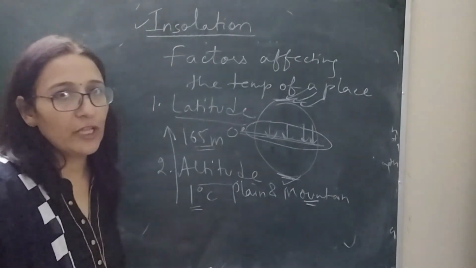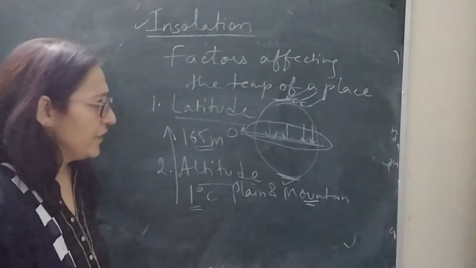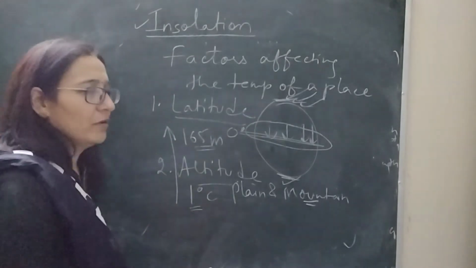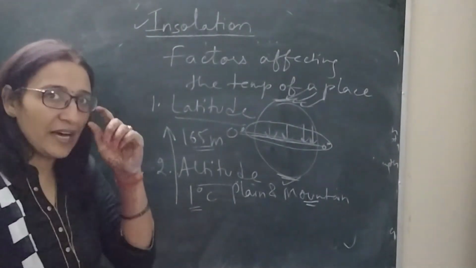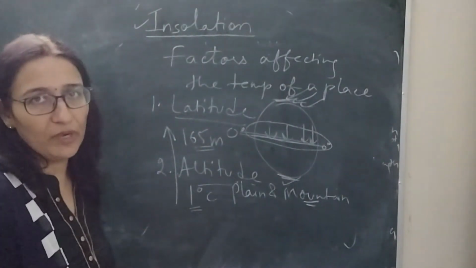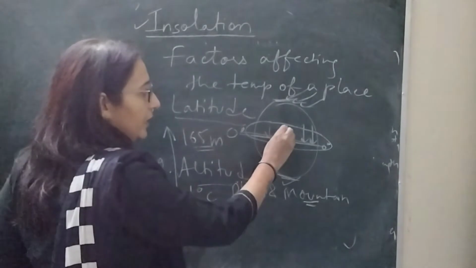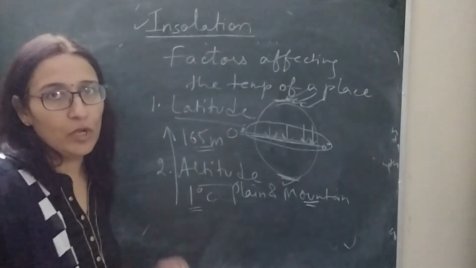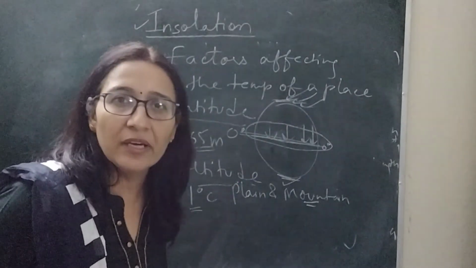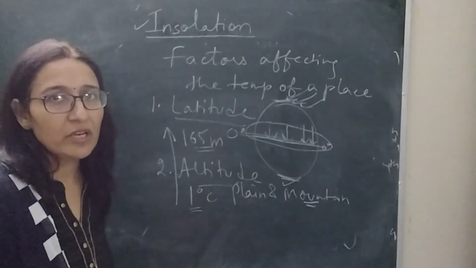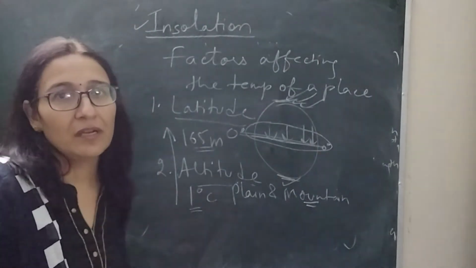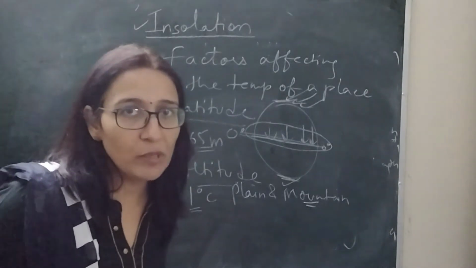But I want to tell one more thing. Everywhere that one factor will not fit. Suppose this is the 0 degree equator, and in Africa near the equator there is a mountain called Kilimanjaro. Kilimanjaro mountain is near the equator in Africa, but we can't say that it receives direct sun rays or that the temperature will be high.